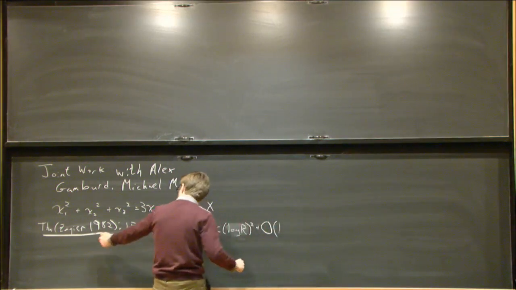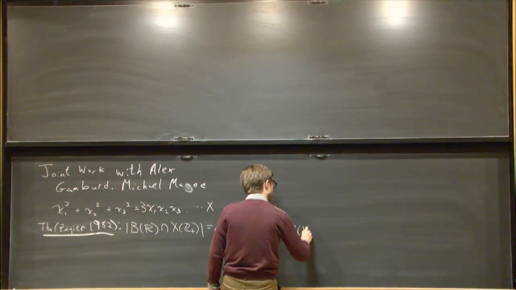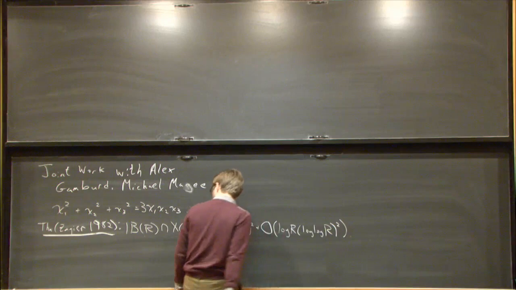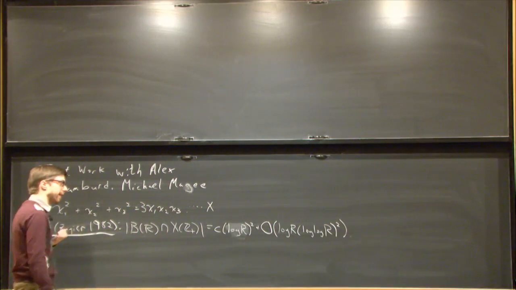The error term that Zagier got in his result was big O of log r times log r squared. OK, so this is Zagier's result.